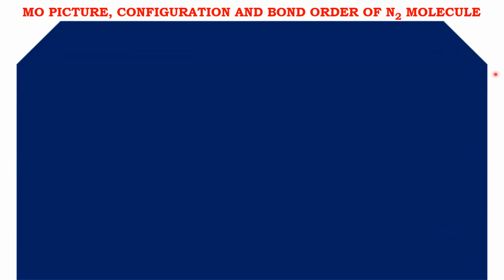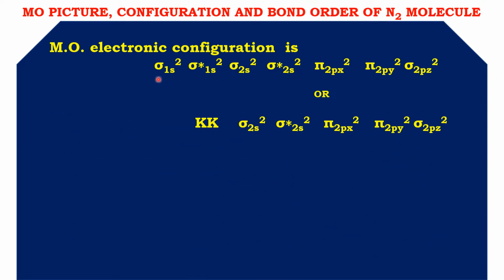So the molecular orbital configuration becomes sigma 1s, sigma star 1s, sigma 2s, sigma star 2s, pi 2px equal to pi 2py, and sigma 2pz. This is the general configuration of the nitrogen molecule. But 1s orbitals are considered as the K shell, so sigma 1s2 and sigma star 1s2 are abbreviated as KK.